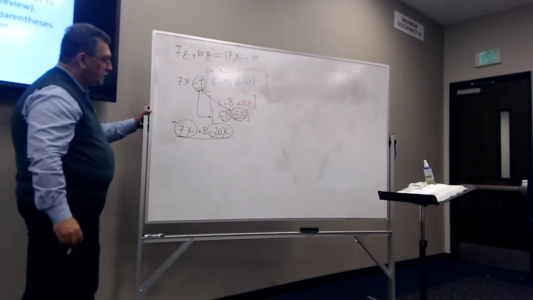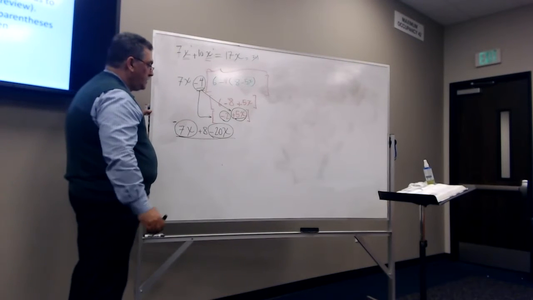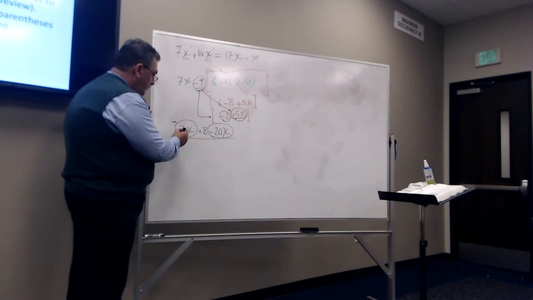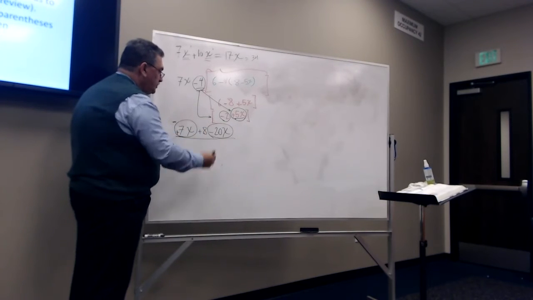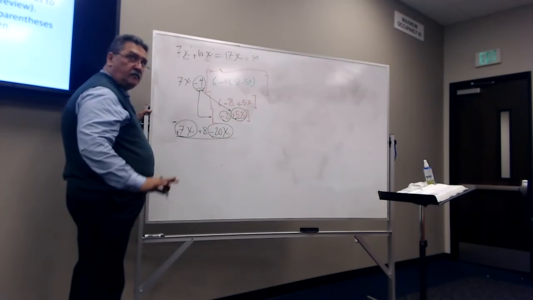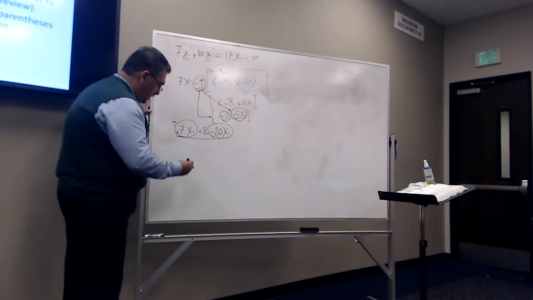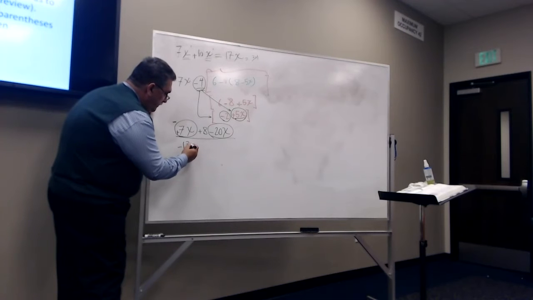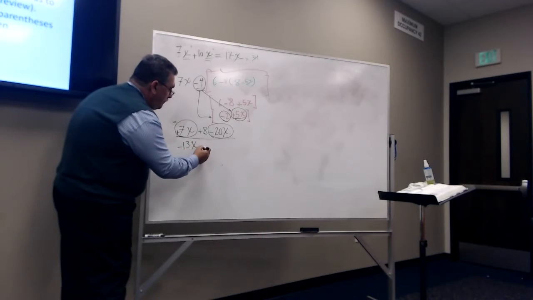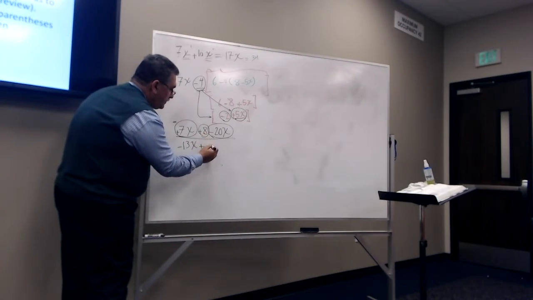What would be the coefficient of x? We have positive 7 minus 20. What's the sum? Minus 13x plus 8.